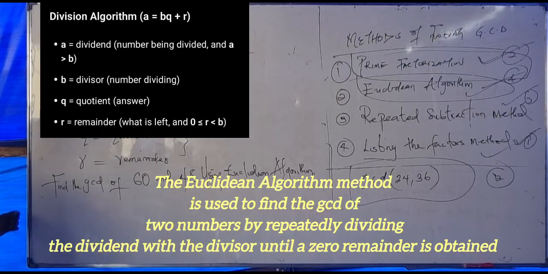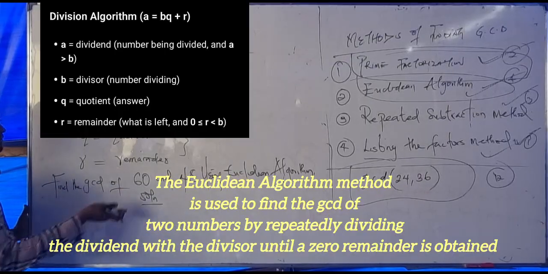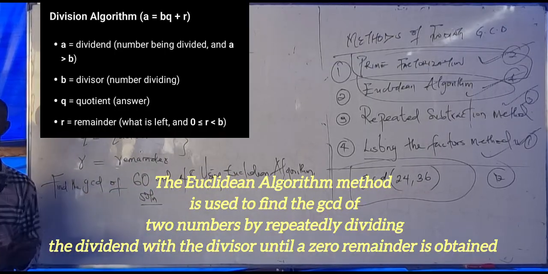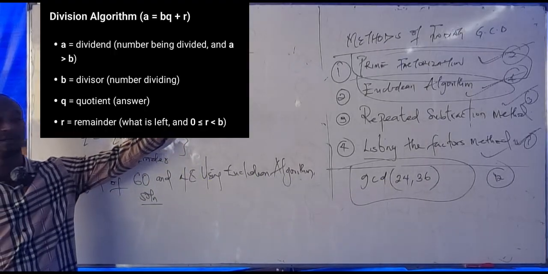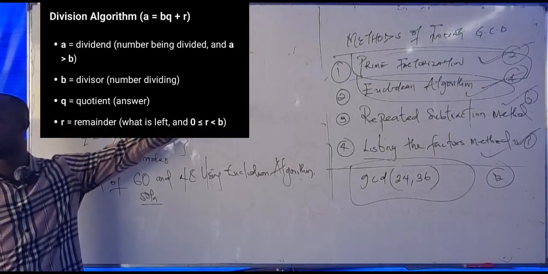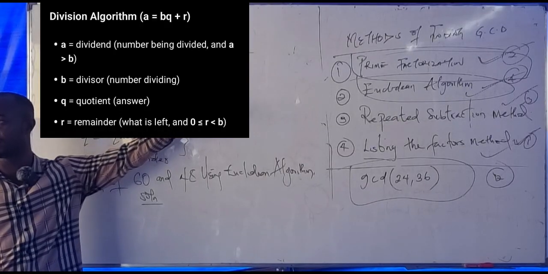Now pay attention. To solve this, between 60 and 48, which is bigger? 60, right? That means 60 represents our A. What's 48? B. Because we say A is greater than B all the time. Are you following?